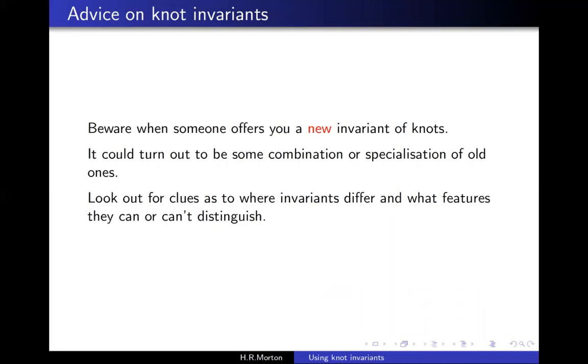Look out for clues where the invariants that you've got differ, what features they can or can't distinguish. One thing that I'd also looked out for with Paul Melvin in the past was why it is possible that the SL2 invariants, the colored Jones polynomials, and the Alexander polynomial had something in common. And it turned out they did, because neither of those sets distinguished mutants.